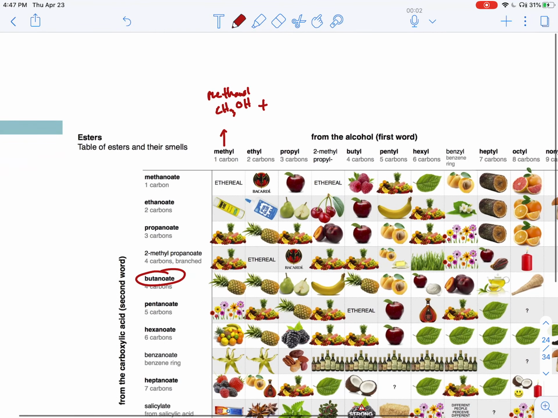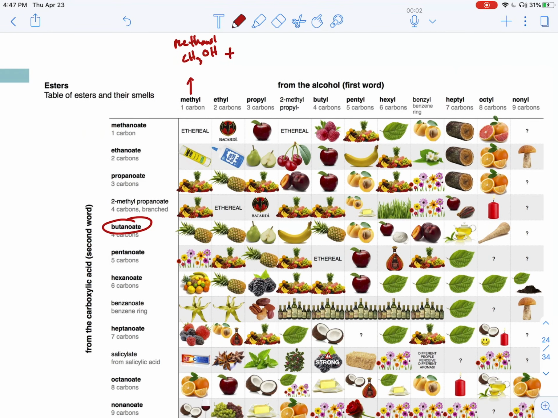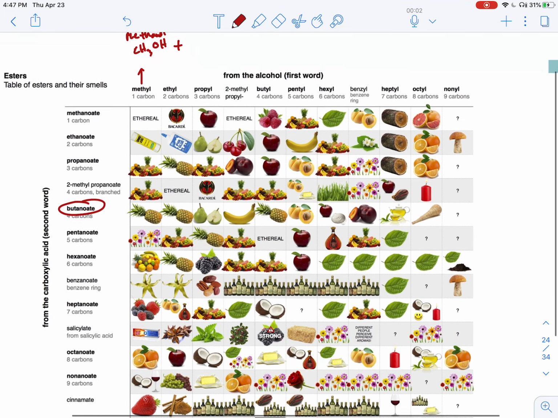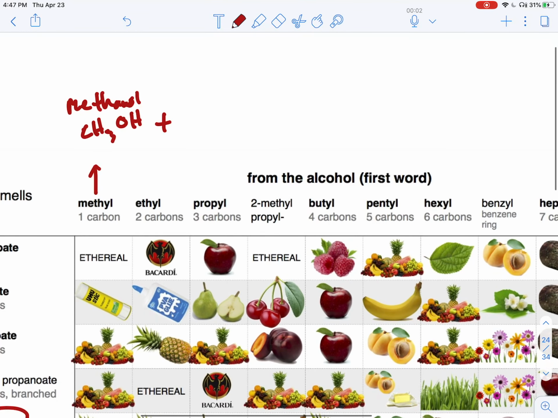Butanoate would be our carboxylic. Oh, I'm sorry, that's the ester that we get. Methyl butanoate. We haven't talked about how to name these. What that's saying though is we're getting a 4-carbon long. Actually, I'm trying to figure out how this works. Methyl butanoate. Okay, never mind.